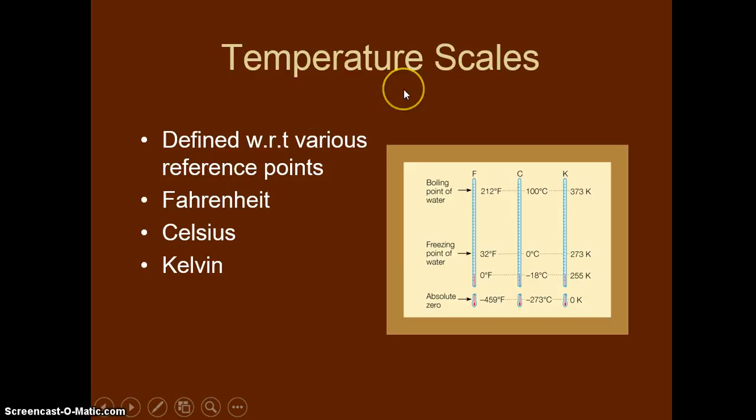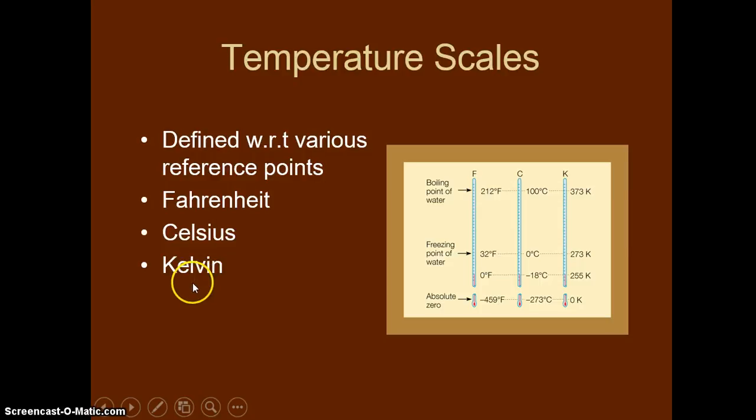All right, so there are three major scales: the Fahrenheit scale, the one that we commonly use in the United States, the Celsius scale, which is used by most of the rest of the world, and of course the Kelvin scale, which is used primarily by scientists and engineers.